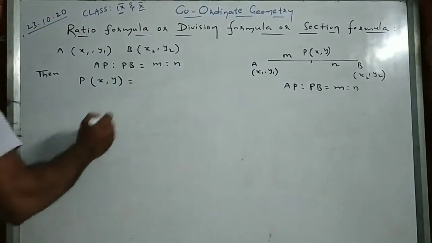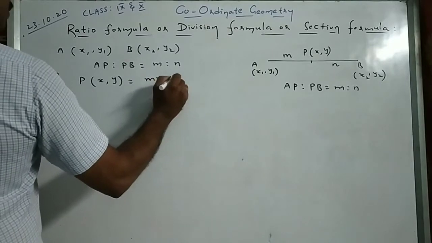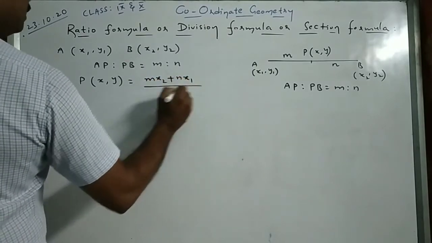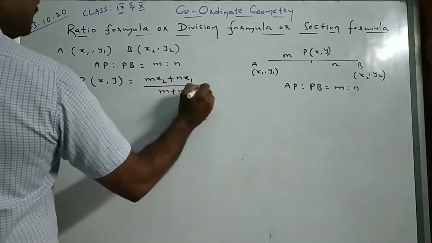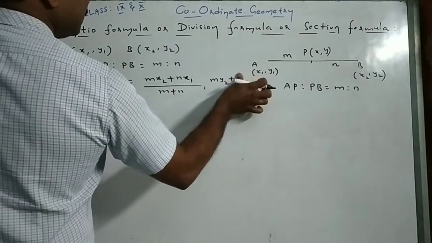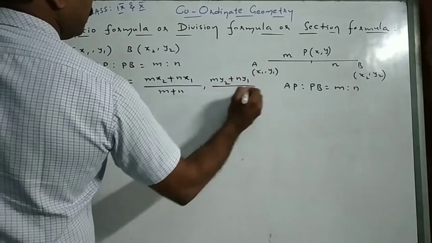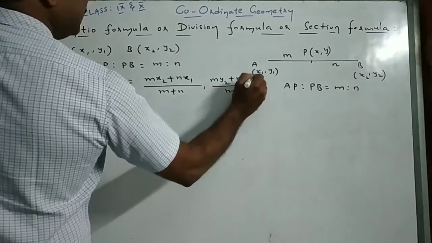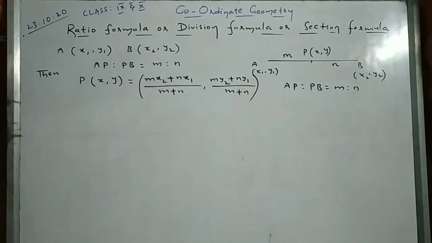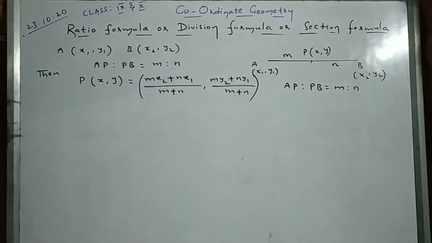How do we find that point? That is mx2 plus nx1 upon m plus n, my2 plus ny1 upon m plus n. This is the formula to find the coordinates of division point.